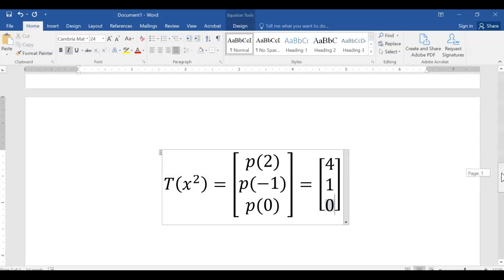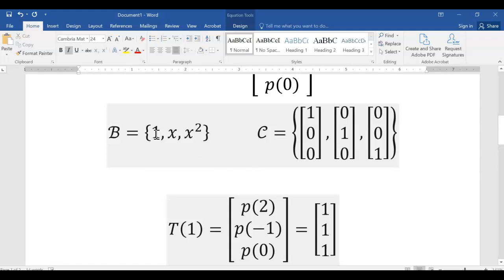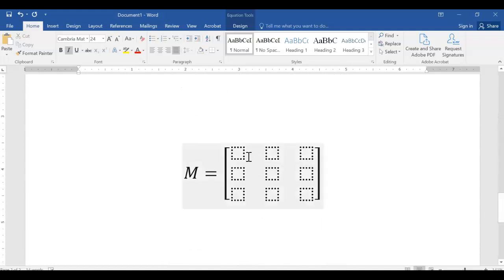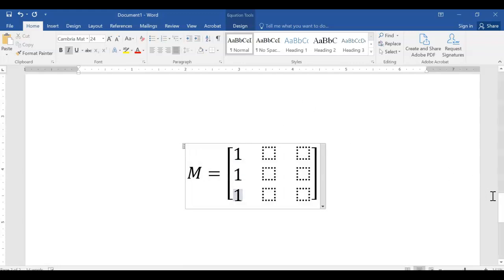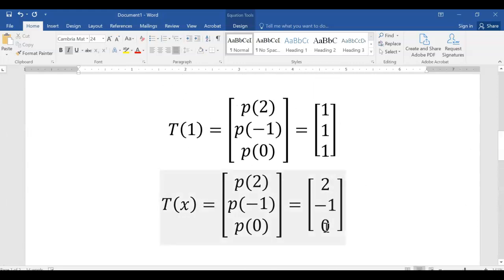Now I go to double check what order my basis was in, and I see, oh yeah, my order was 1, x, and then x squared. So I go 1, 1, 1. That'll be my first column in my matrix. Then my second column is 2, -1, 0.